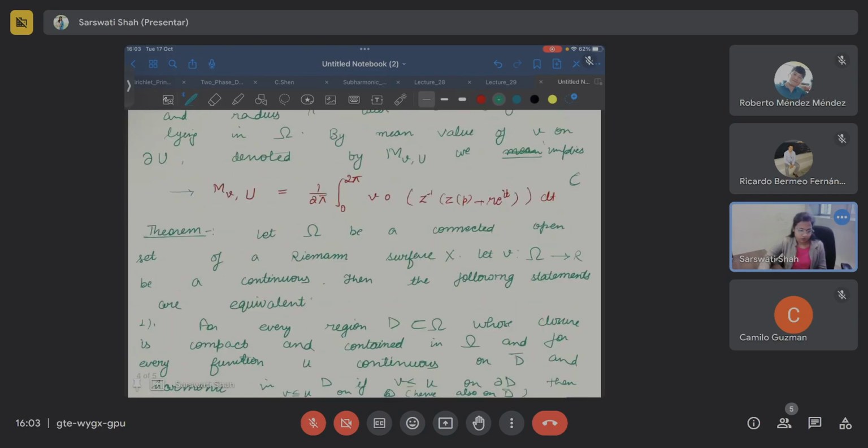If you want to prove it, you have to define a subharmonic chart, and then with this chart you can say that v of z inverse is a subharmonic function defined on it, then prove the theorem for that and extract it for v.